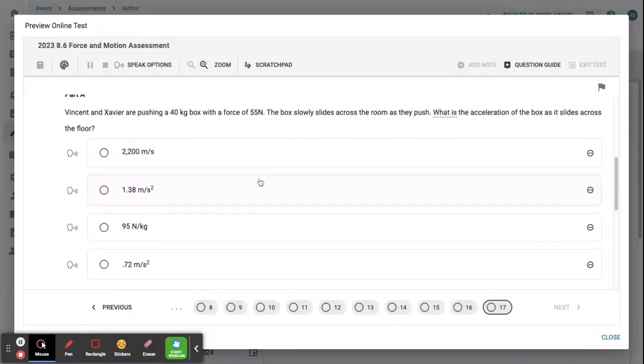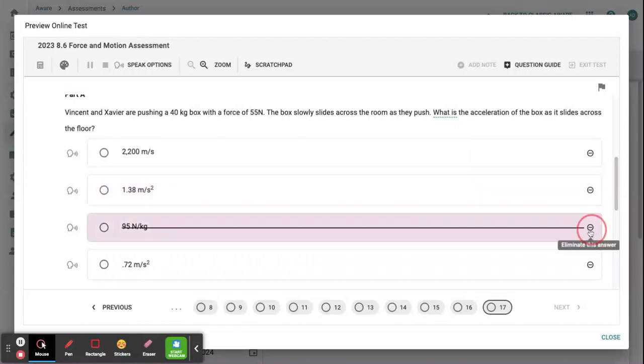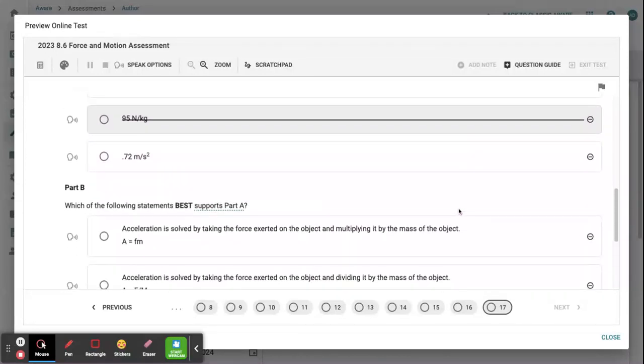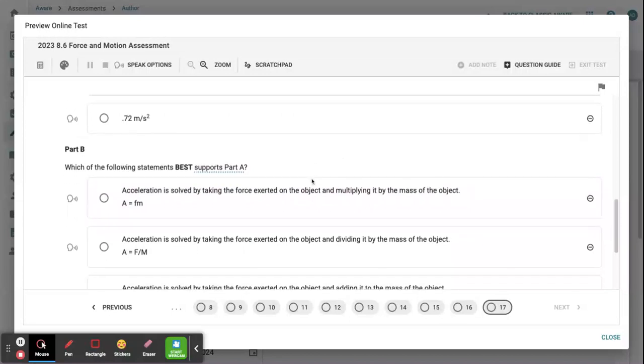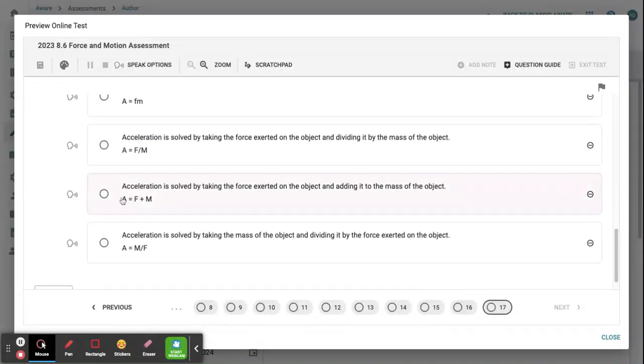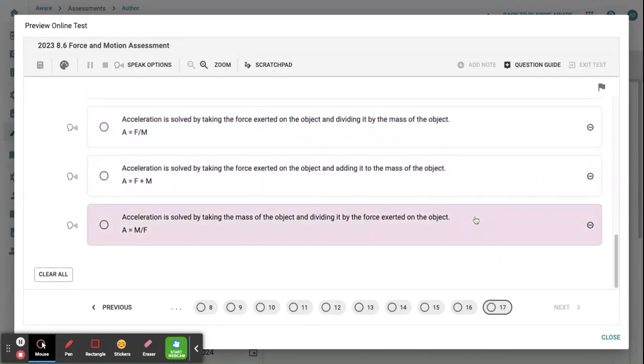Okay, if I round, that should be my answer. And my units are meters per second squared, which is acceleration. So this one would absolutely be wrong because it doesn't even have the right units. And then it asks, which of the following statements best supports A? Well, I divided: acceleration equals force divided by mass. So there we go. That's my answer for that one.